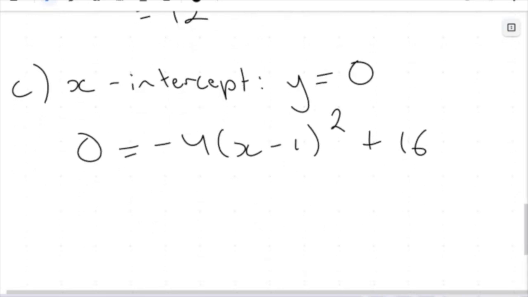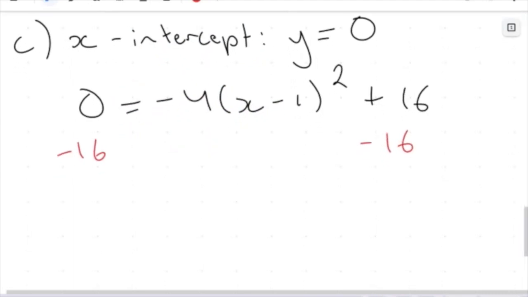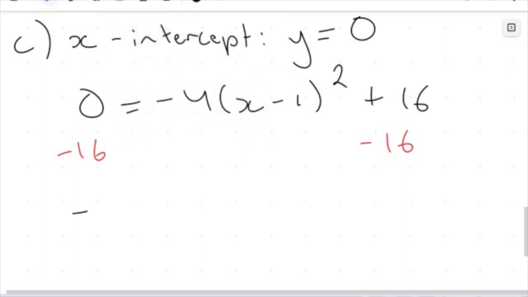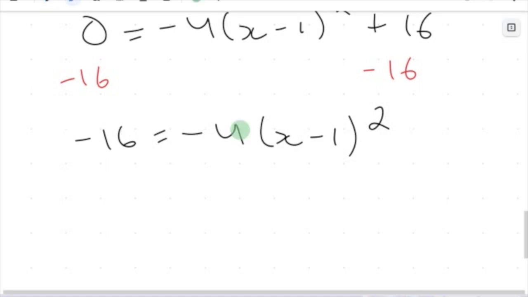And I'm going to want to solve this equation little by little. So what I'm going to do first is subtract 16 from both sides, because I want to isolate x, so I work from the furthest things away from x back closer and closer to it so I can isolate it. Okay, so now I can get rid of this negative 4 by dividing both sides by negative 4.